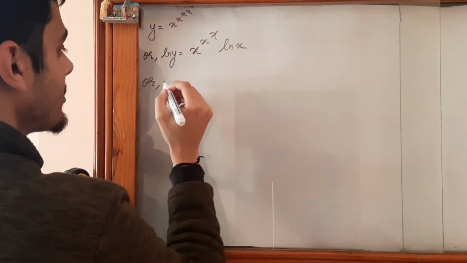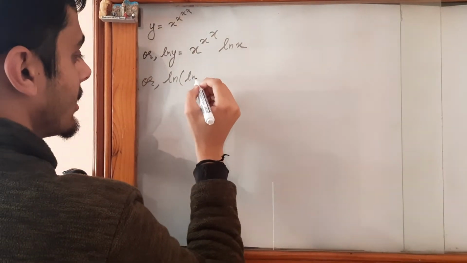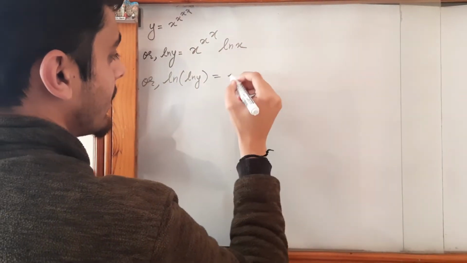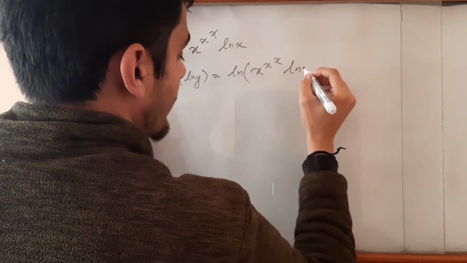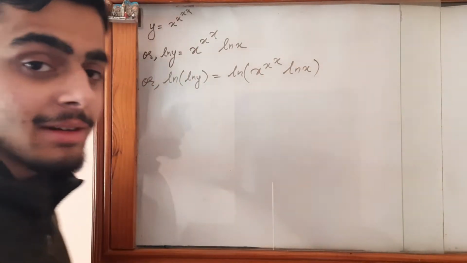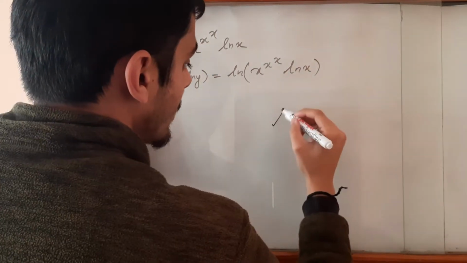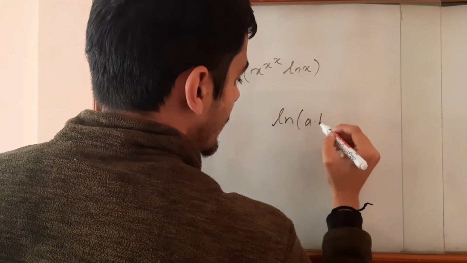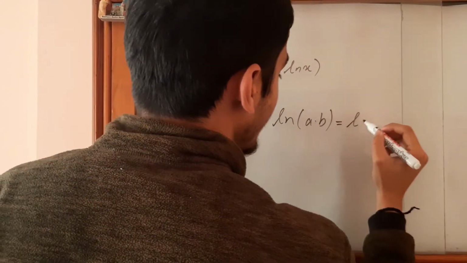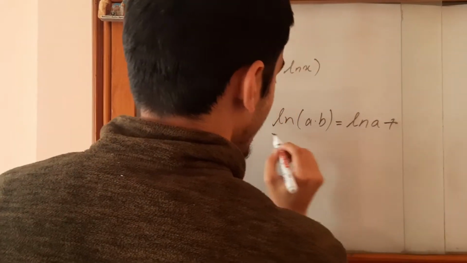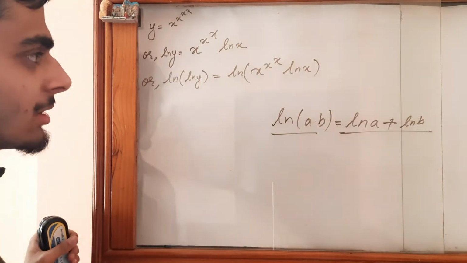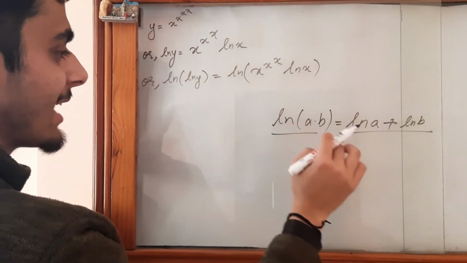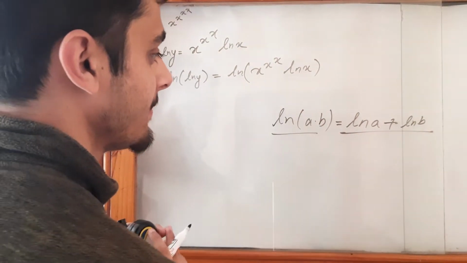So now something like this. And there is another property of log. So whenever we see something like this, it can be written as this. So we're going to apply this property over here as well.